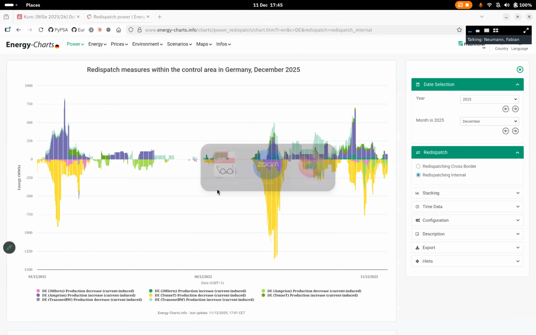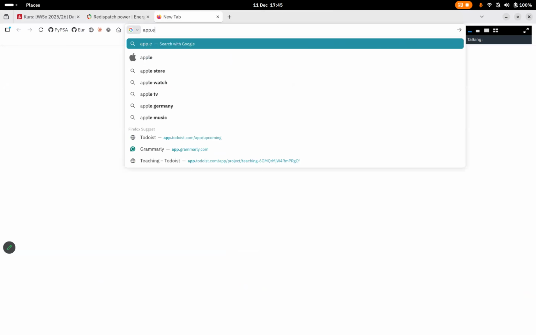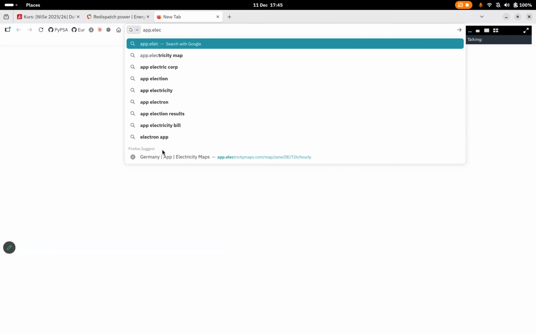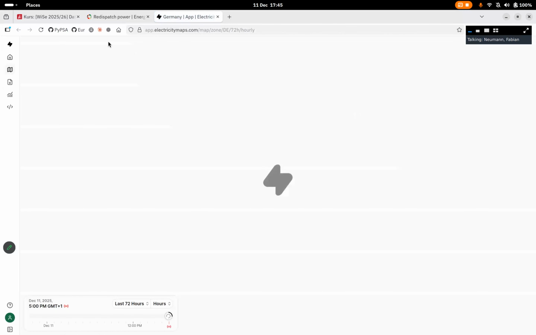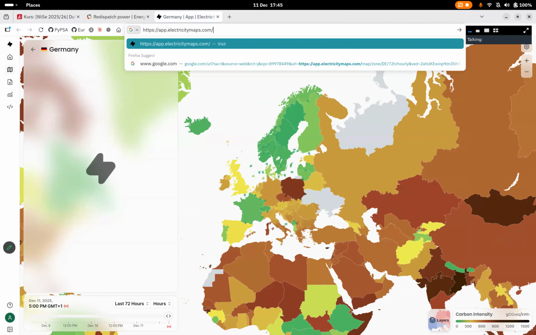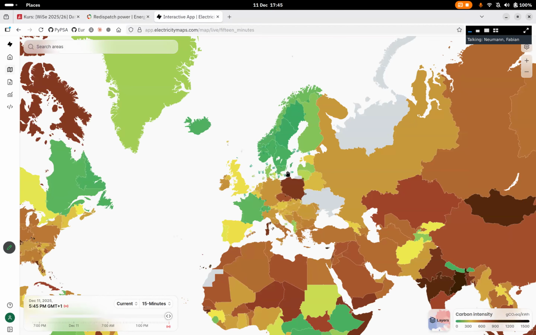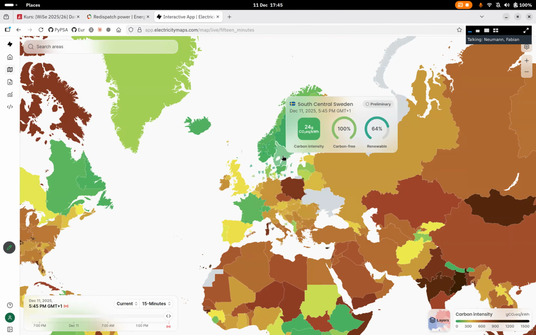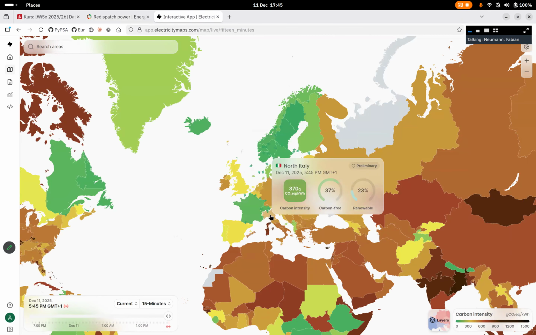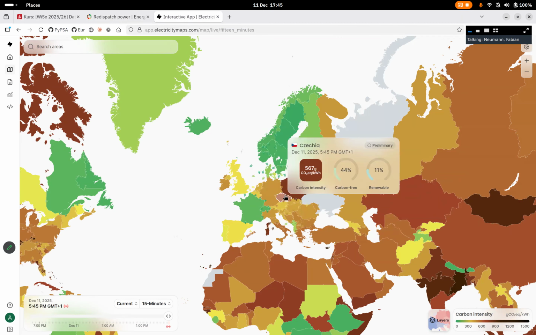So I think I showed one of these examples at the beginning, this electricity maps. Maybe start with that, where you can look live at what the carbon intensity of the different market zones in the European system is.